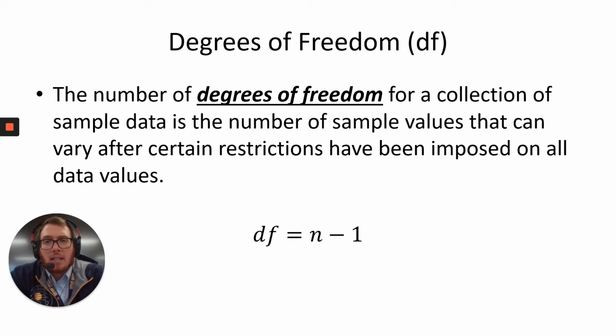And so we have to kind of get rid of a little bit to give ourselves a little bit more value on both sides of the confidence interval. And so after we impose all of these restrictions, we're saying there's n minus 1 that's available. And so the degrees of freedom, which is denoted df in your textbook and in the notes, will always be n minus 1 when using the t-distribution table.